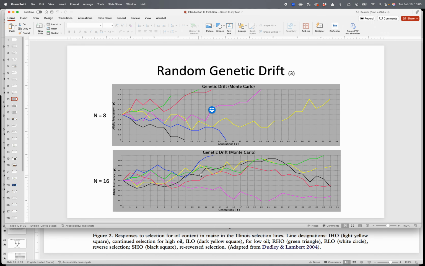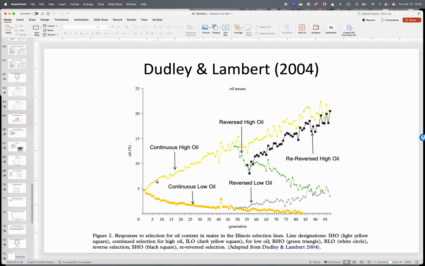As you can see, these graphs, especially this one at a population size of 8, look similar to the kinds of graphs you're seeing in the corn oil experiment. They're not drifting upward, but they are being propelled upward by natural selection in a consistent manner until you begin to get to fixation for all loci that might contribute to high oil content.